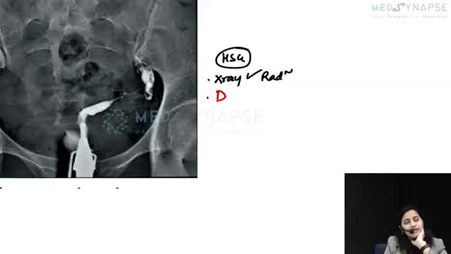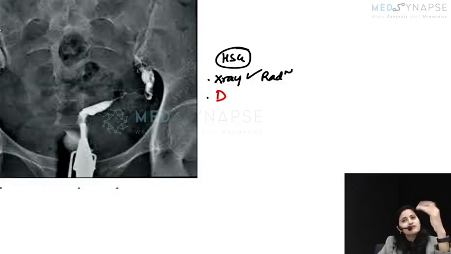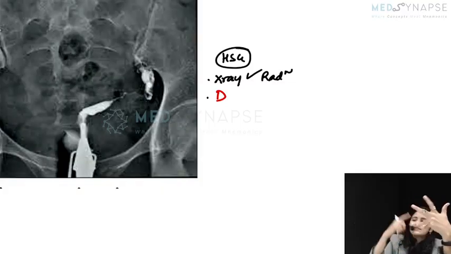HSG day. What day of the cycle? Day 3, day 7, day 60, day 21, whenever you like? Day 7. Why? Reproductive age female. You will not do anything which has radiation after day 10. There's a rule of 10 because of risk of ovulation, fertilization, pregnancy.